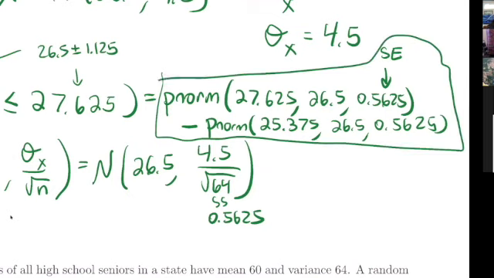So we could do that in one shot in R by taking the area to the left of the 27.625 and then subtracting the area to the left of 25.375. That would give us the area right between them.